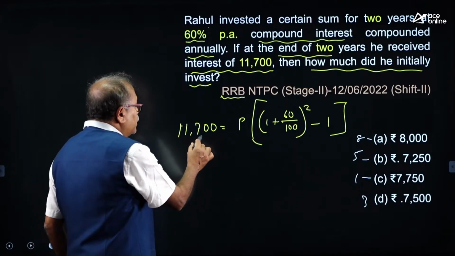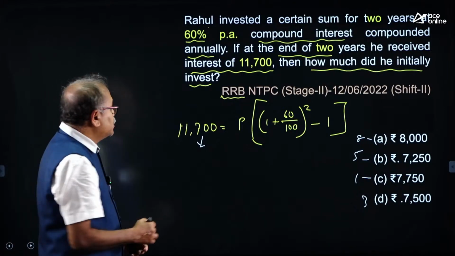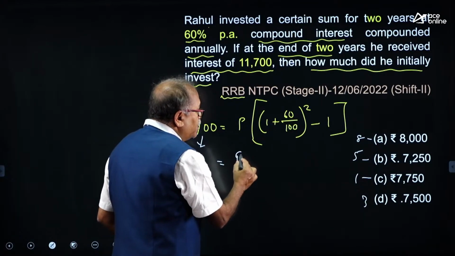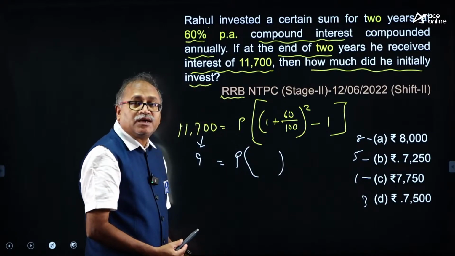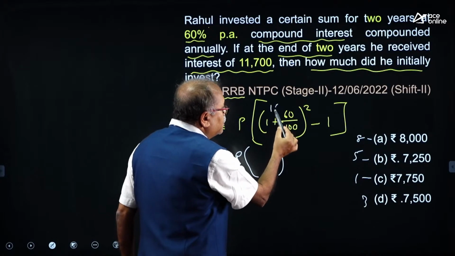So now, what is the sum of unit digit here? This comes 9 here, which is equal to P into something that should give us 9. So, look at this one here, this is 160.